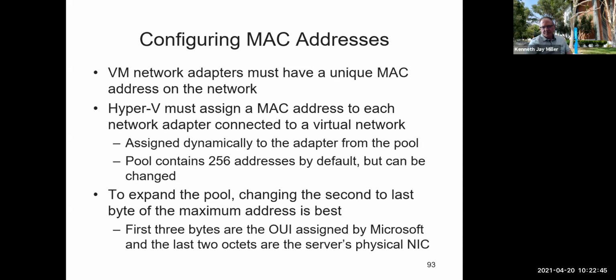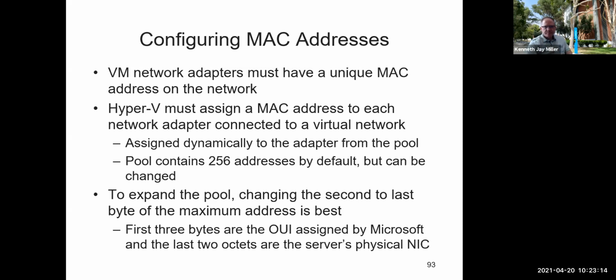To expand the pool, you change the second to the last byte, and then that will increase it. And remember, on our MAC addresses, the first three bytes are the OUI, the organizationally unique identifier. The last 3 bytes, or last 24 bits, are for the unique address.